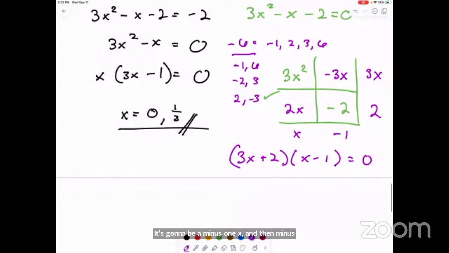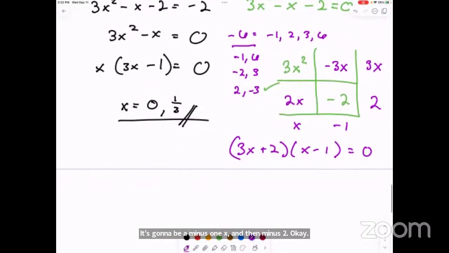Okay. So from here, if we set each factor to 0 and solve, x equals -2/3 or +1.